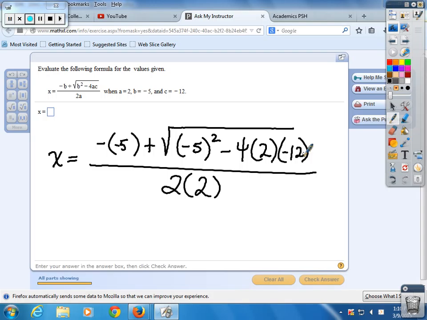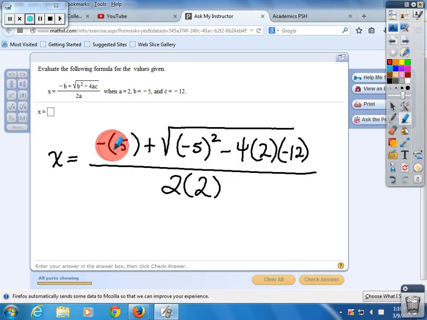Now, before I start this, there are 3 places that people get messed up. Somebody tell me where they are. Where? Nope. That's not it. Where do they get messed up? B. Right there.